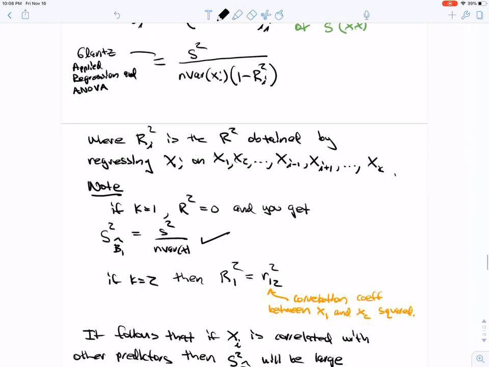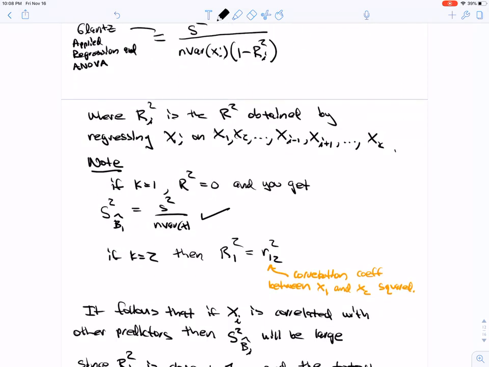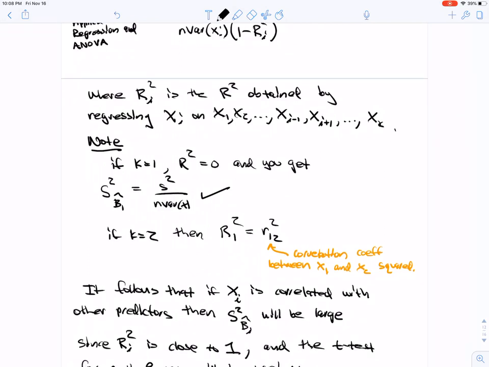So if k is 1, then r squared is 0, right? Because there's no other predictor, and you get the variance of beta 1 hat is s squared over n variance of x, which is exactly what we got before. If k is 2, then r1 squared is just r12 squared, where r12 is the correlation coefficient between x1 and x2.